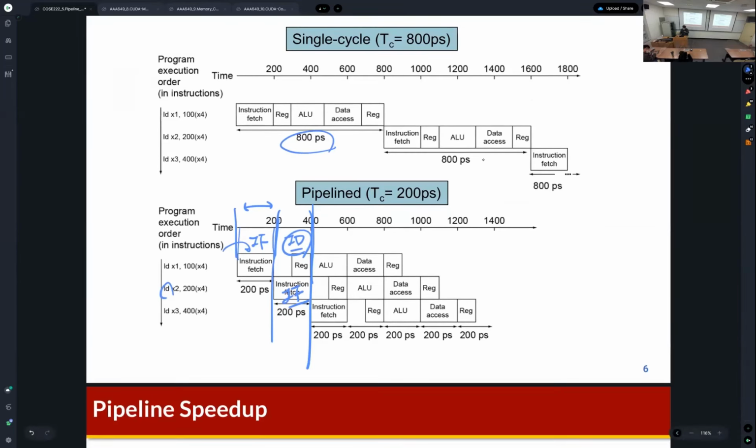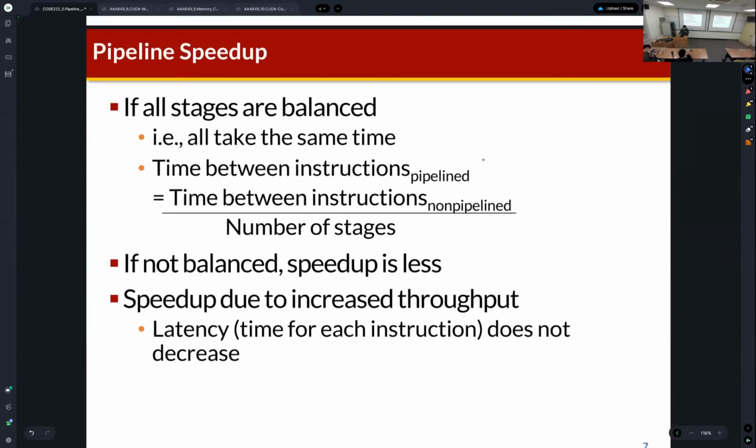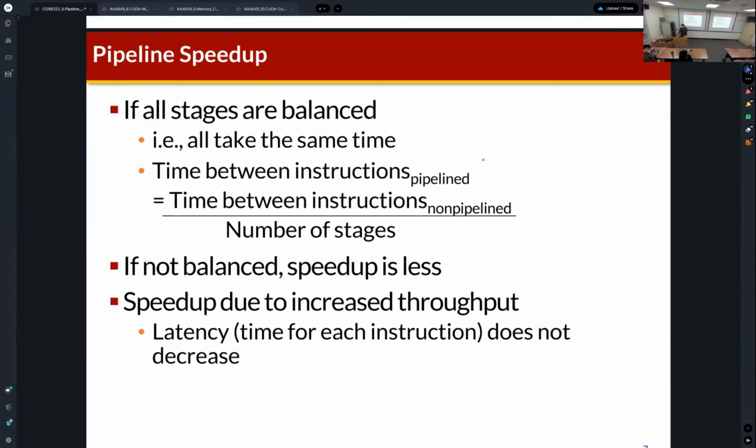So we can know that if the pipeline architecture is applied, the clock period can be reduced. So we can calculate the speedup. It's the ideal speedup by the pipeline architecture.